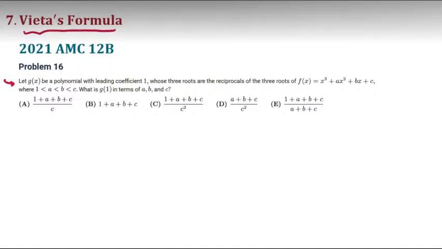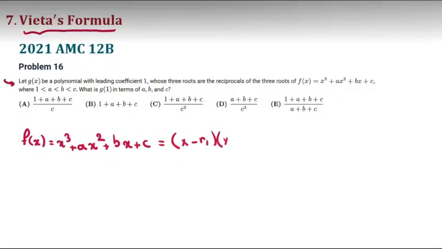Let's solve this one. Let g of x be a polynomial with leading coefficient 1 whose 3 roots are the reciprocals of the roots of f of x. So what is f of x? It is x cubed plus ax squared plus bx plus c. And we know the roots are, the coefficient of this is 1, so we don't need to write anything here.